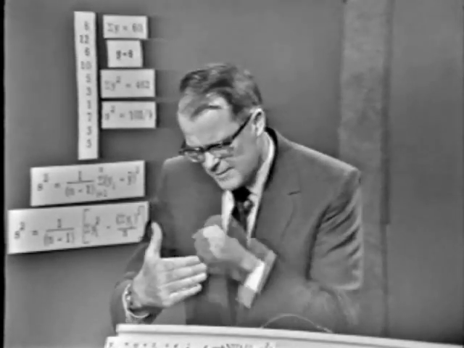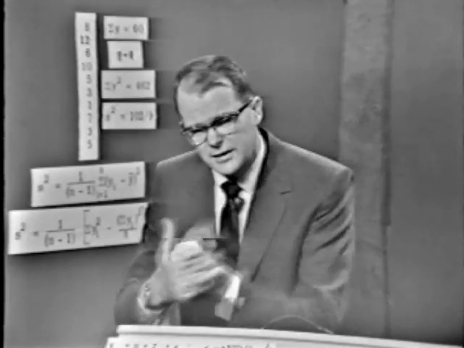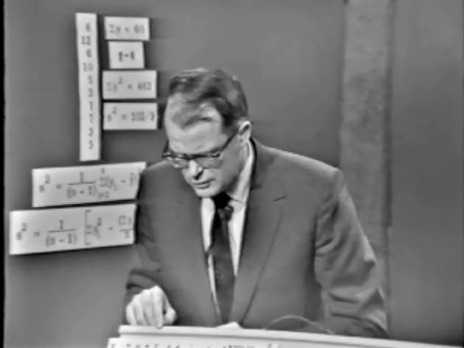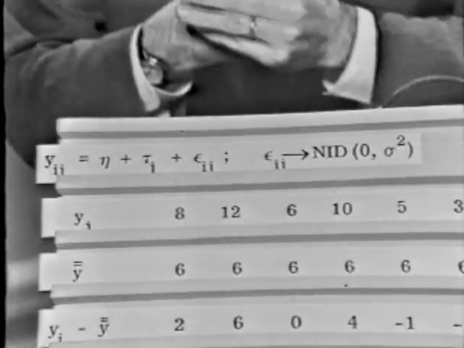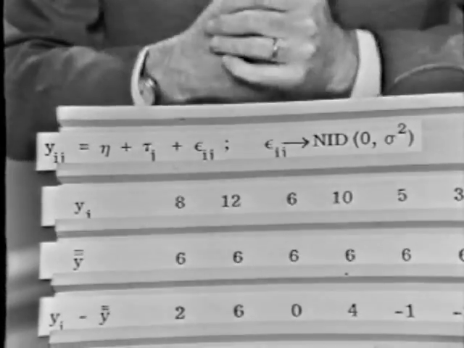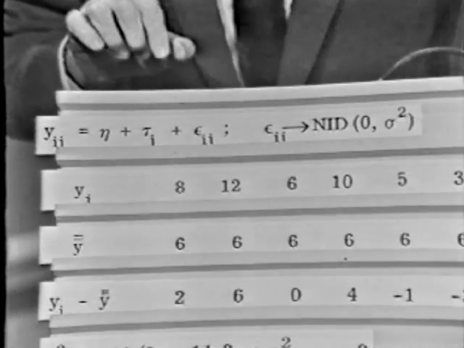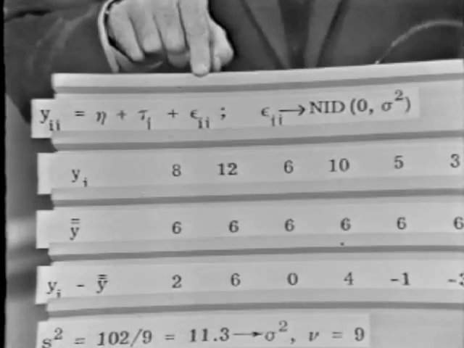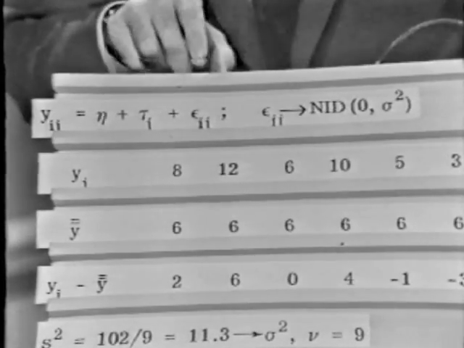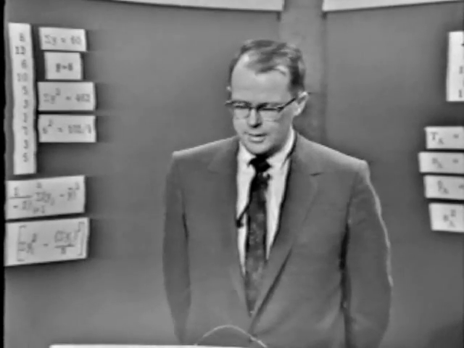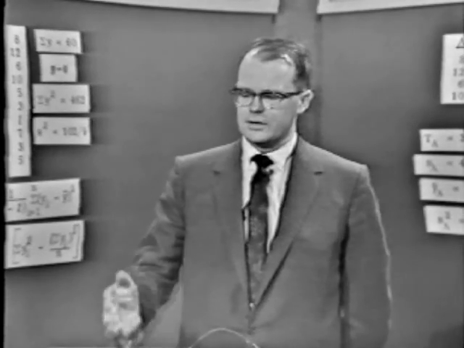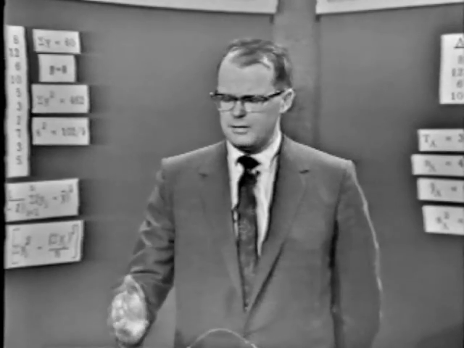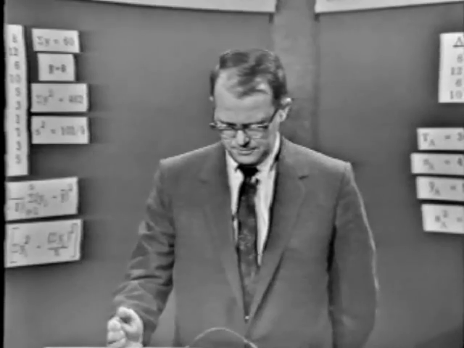Every one of them gets a little impact just for being in classification A. And all the observations which fall in classification B, they're going to get their own little impact for just being in classification B. And then, in addition, on top of everything else, Mother Nature is going to sprinkle an error. And we're assuming that those errors are normally and independently distributed with mean 0 and variance sigma squared. Okay, let's see what the consequences in the analysis of variance table are of having this new model.